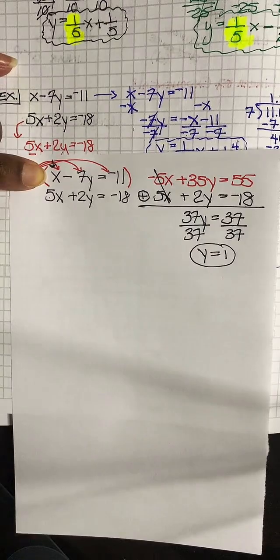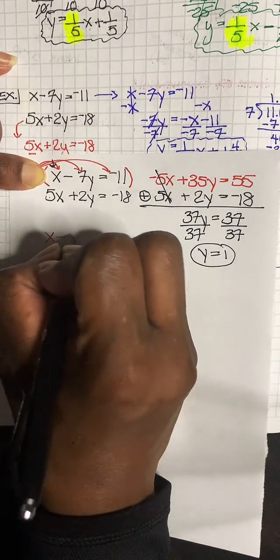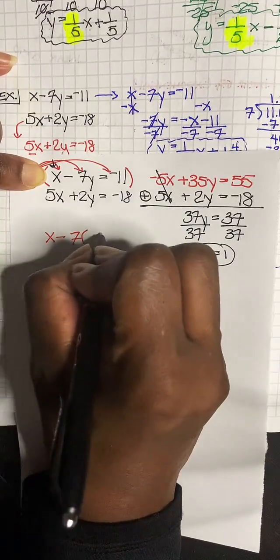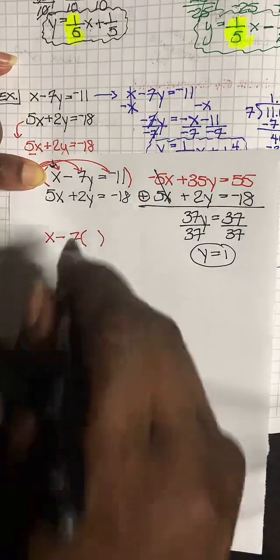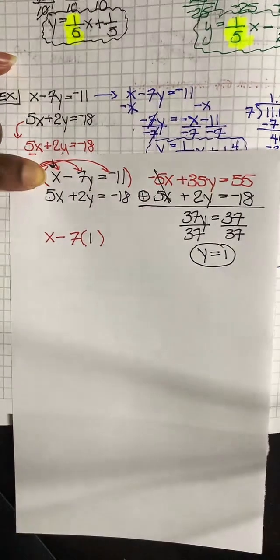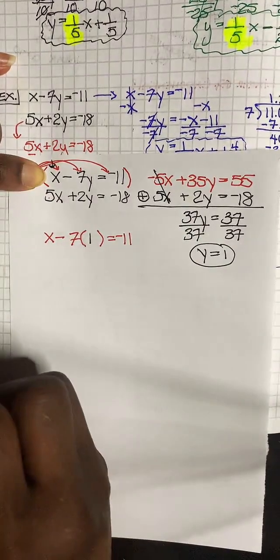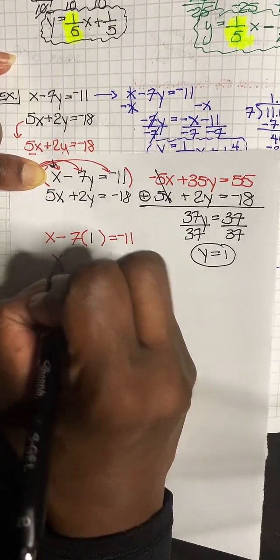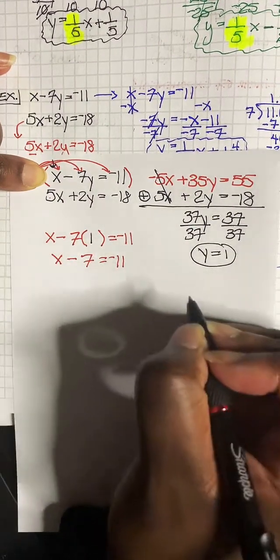So if you go back to the original, then you have your x minus 7, but I'm going to replace the y that we found right here. And it's going to equal negative 11. So that means we have x minus 7 is equal to negative 11.